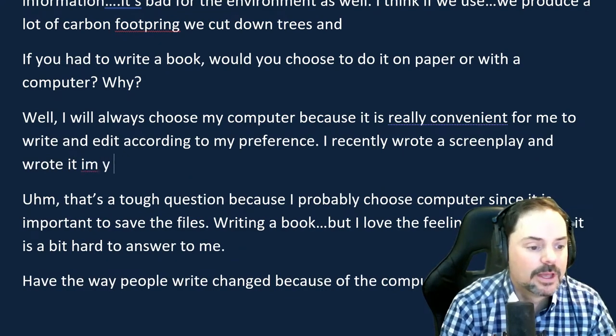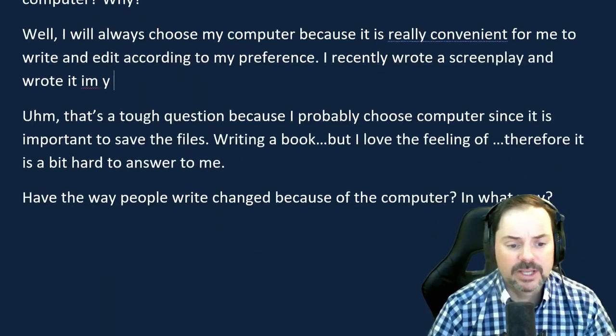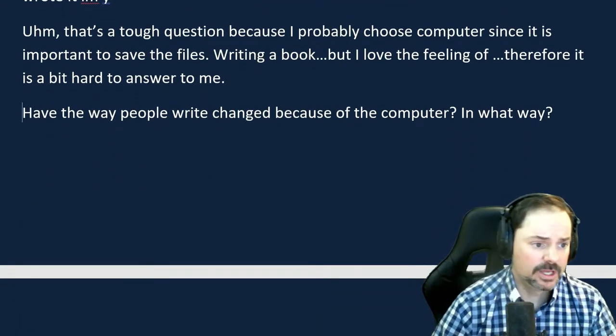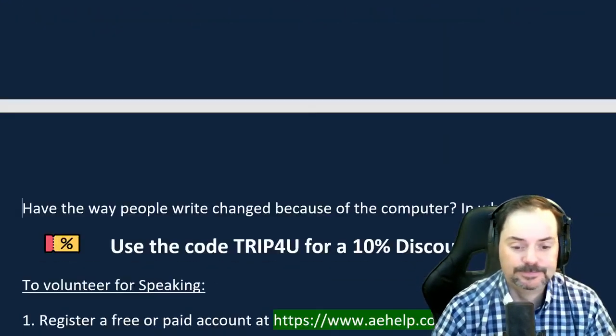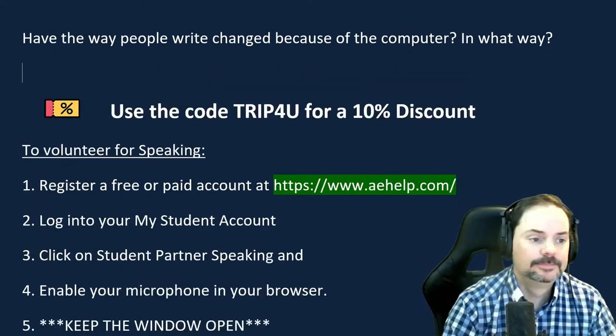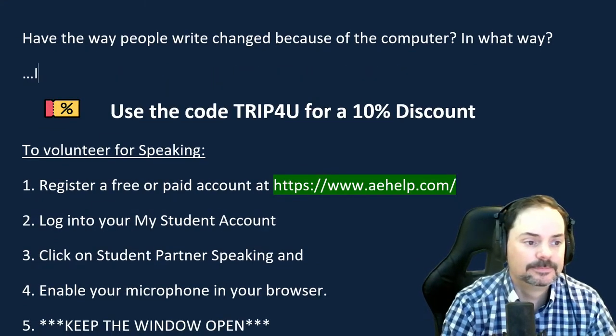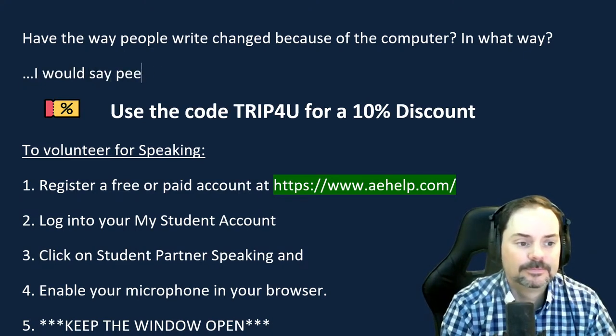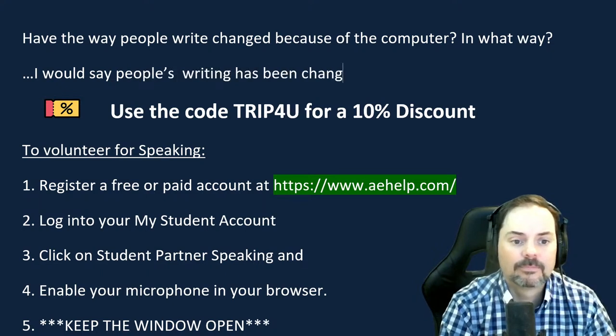Has the way people write changed because of the computer? And if yes, in what way? Equally, I would say people's writing has changed after the invention of the computer.